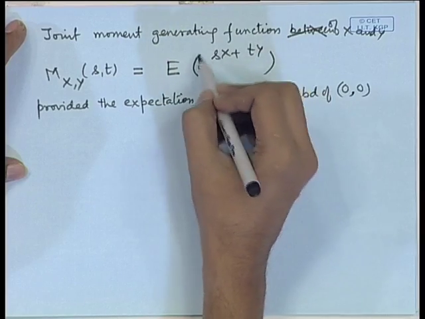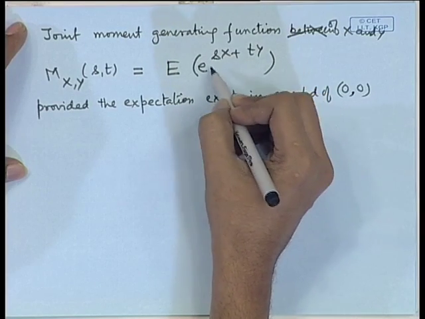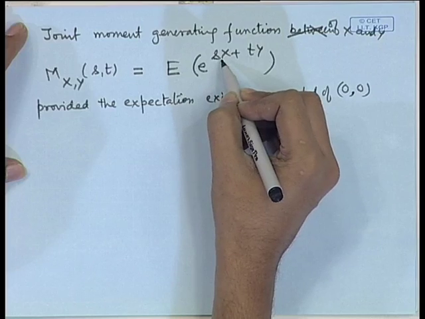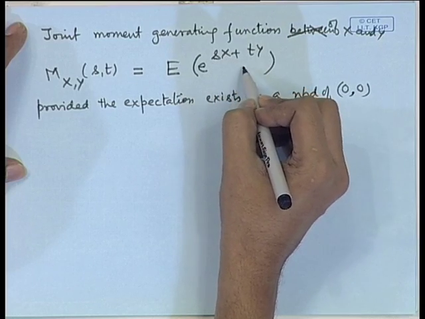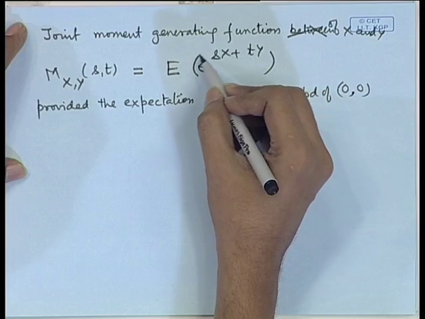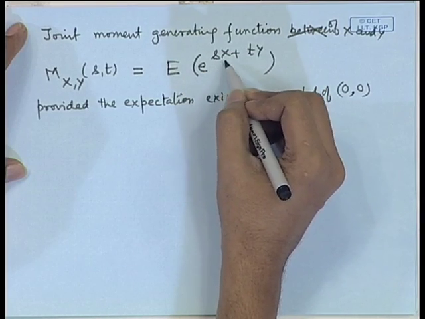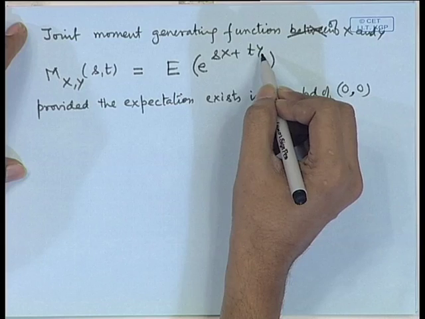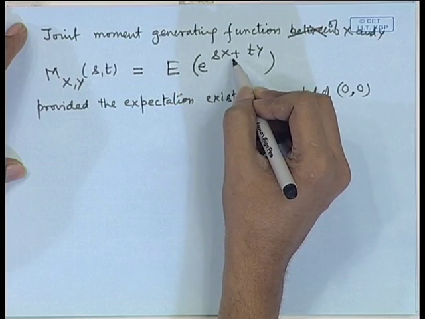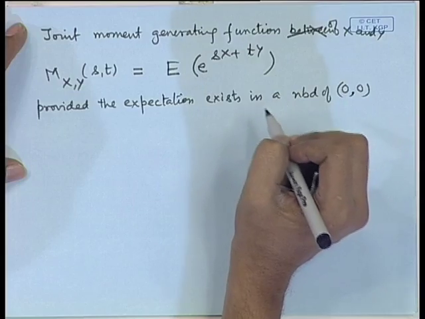Now, the nature of this term is nice, it suggests certain properties. For example, it is equal to expectation of e to the power s x into e to the power t y. So, the first thing that we observe is that if the random variables are independent, it will become the product of the expectations of e to the power s x and e to the power t y, which are nothing but the individual moment generating functions of x and y. However, because of the uniqueness property of the MGFs, we have a stronger result here.